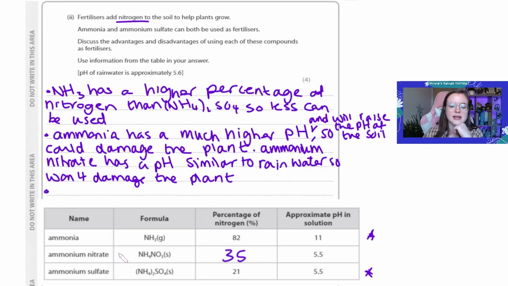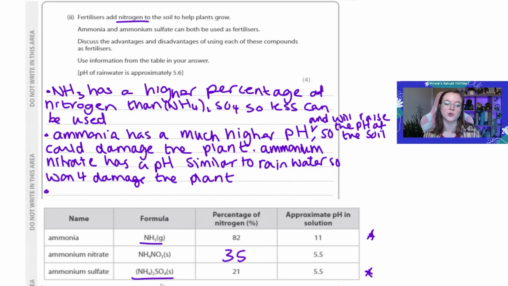And the next thing, a slightly harder point, is to do with the states of these. So ammonia is a gas, whereas ammonium sulfate is a solid, right? So the plants get ions through the roots in the soil, right? So a gas is no use to a plant. Therefore, you're going to have to dissolve it in water first to turn it into a solution that the plants can actually use.